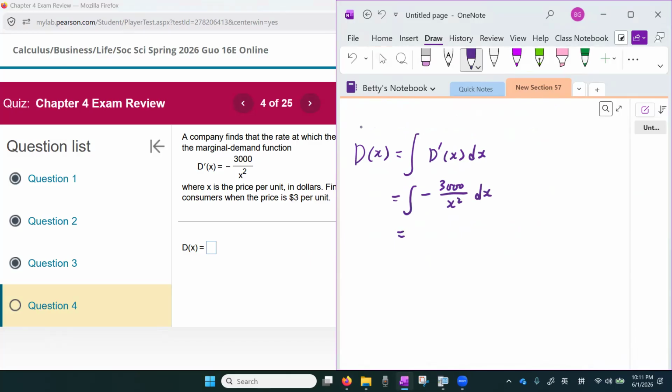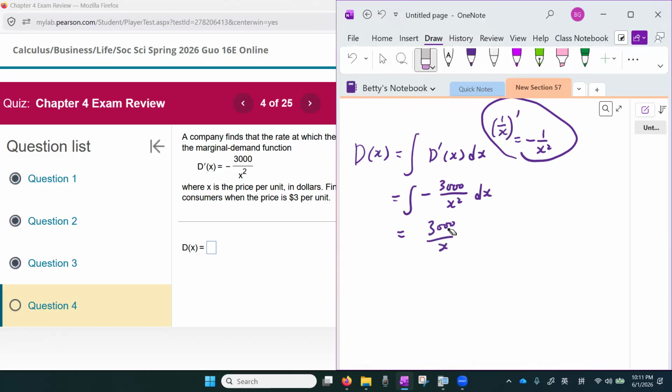The antiderivative of negative 1 over x squared is 1 over x. Again, we use this formula multiple times already. The derivative of 1 over x is negative 1 over x squared. So the antiderivative is 3,000 over x.